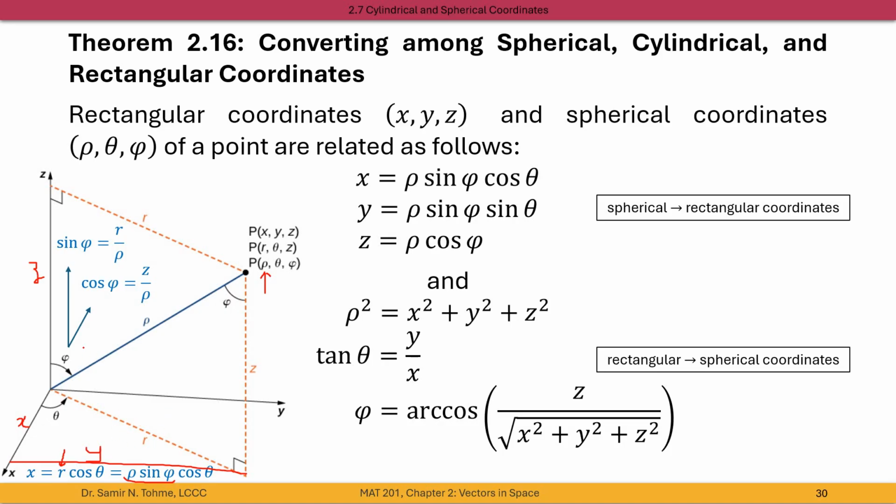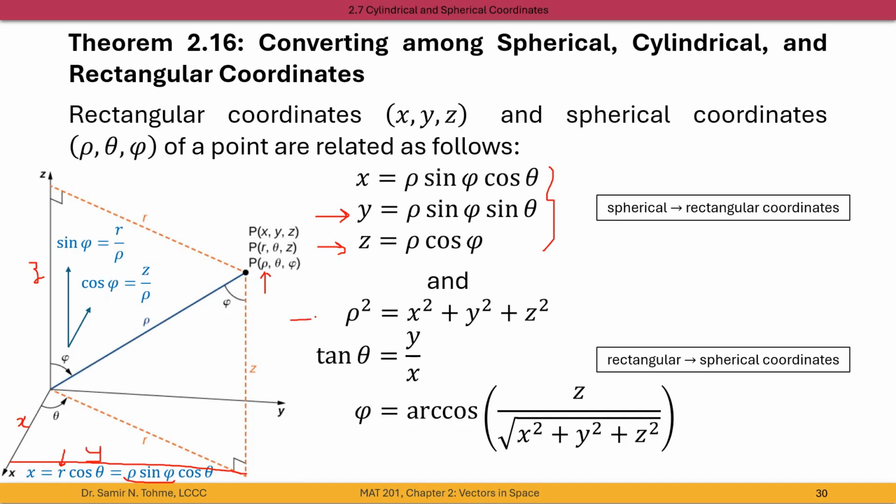Please try it out, and use this equation to find y. As for z, also try to find a relation between z and the angle phi in order to find this one. So these three equations will allow you to transform from spherical to rectangular coordinates.